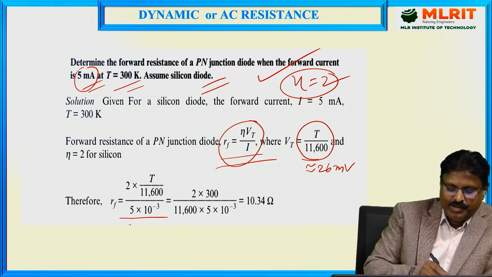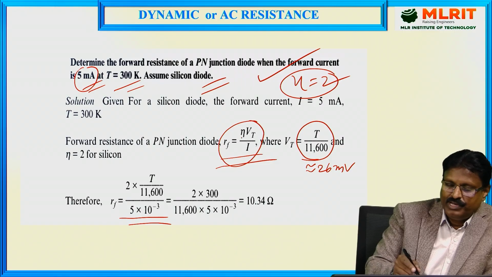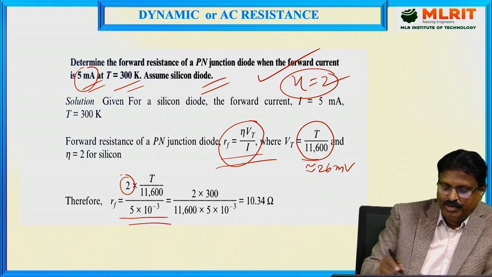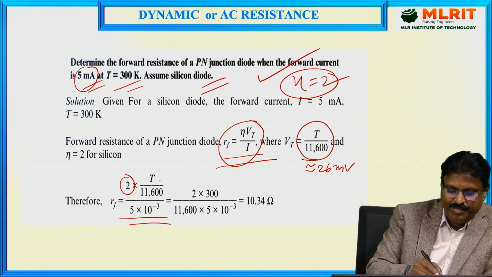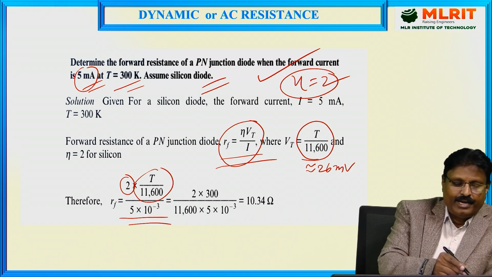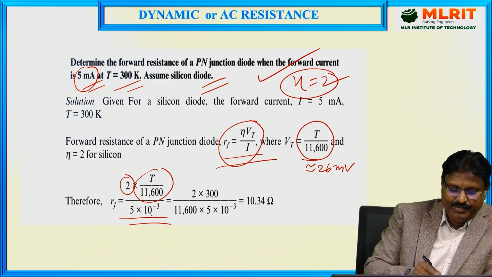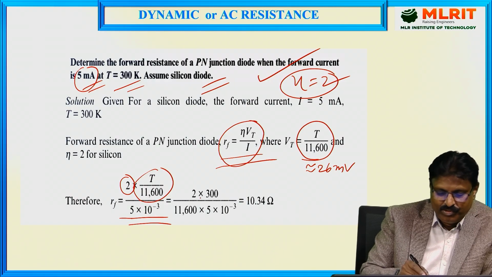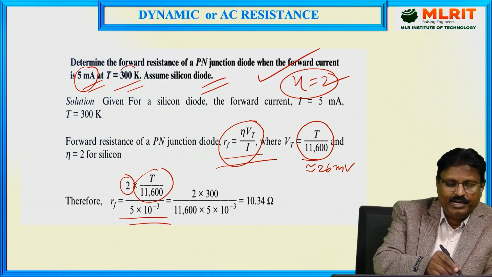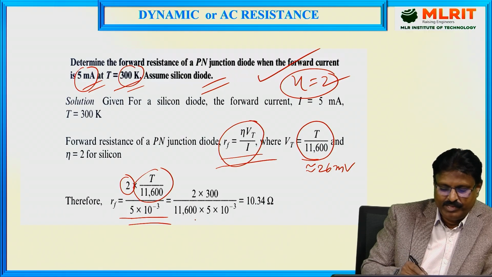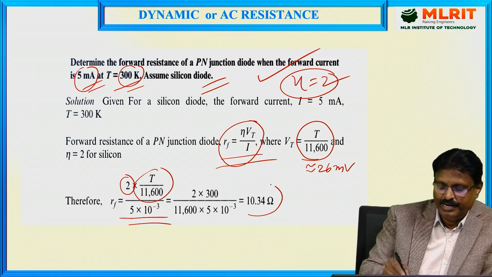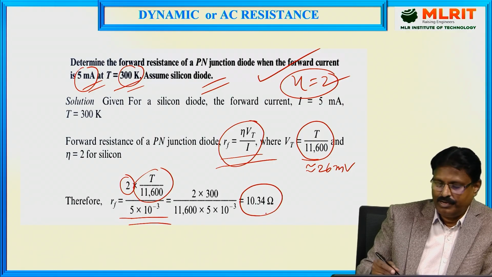Substituting all the values, Rf is equal to 2 into 300 by 11,600 into 5 into 10 to the power of minus 3. You will be getting 10.34 ohms.